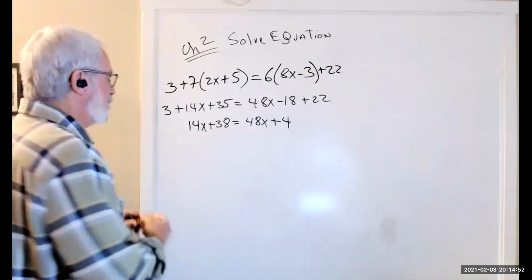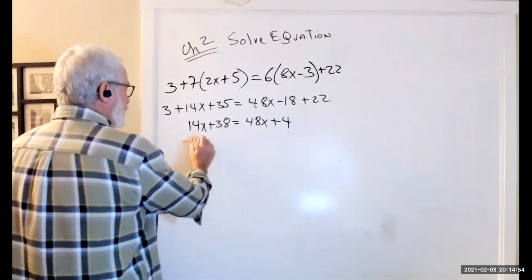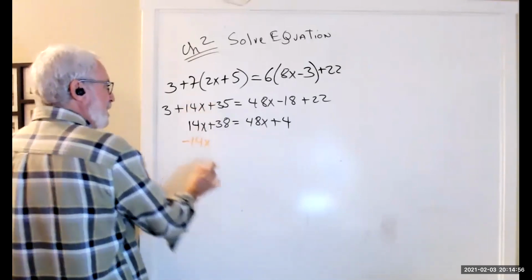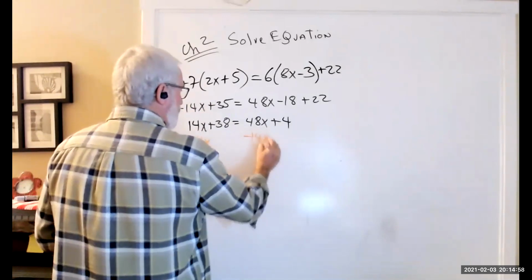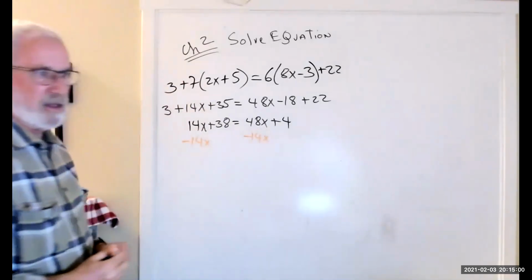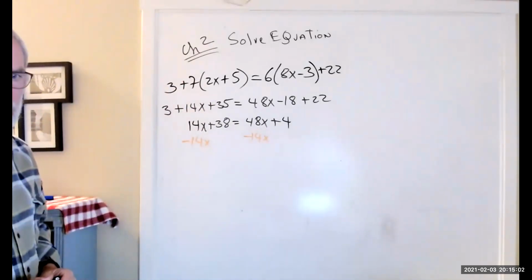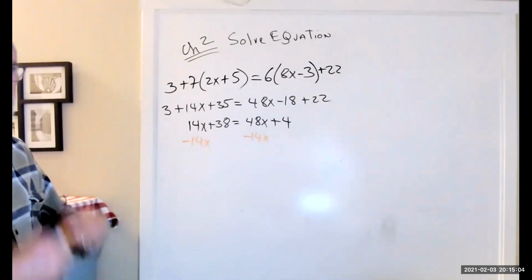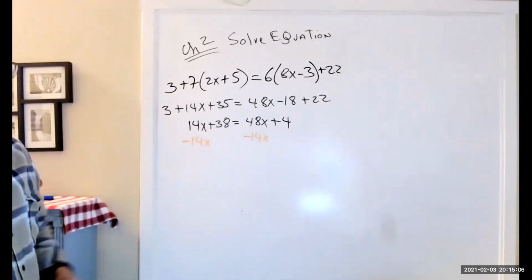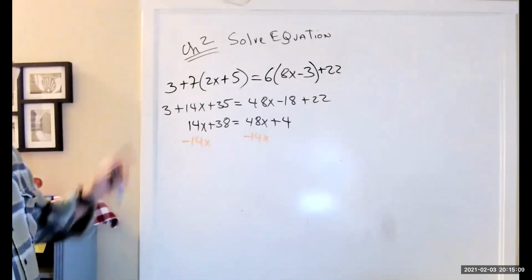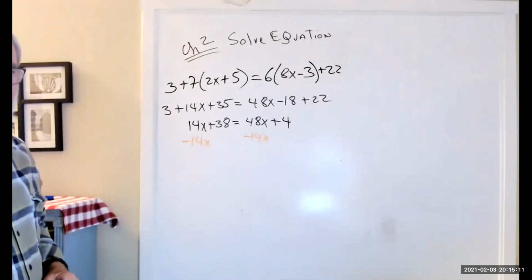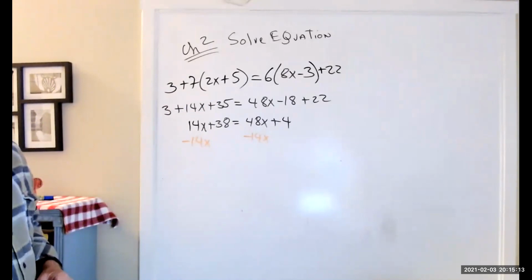So my step would be to take 14x away from this side, get rid of it, take 14x away from this side, for the balance. Is that okay with everybody? In the end, if we all get the same answer, then it doesn't matter. But do you accept my logic and you follow my work? That's the key.